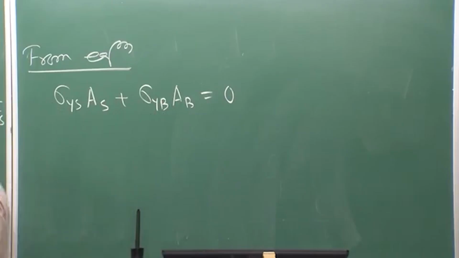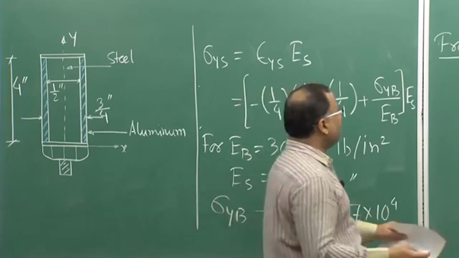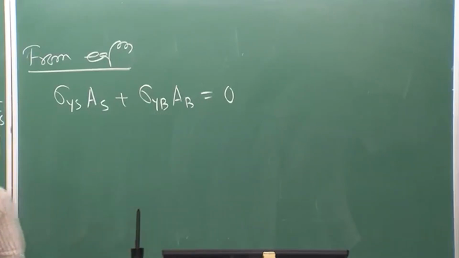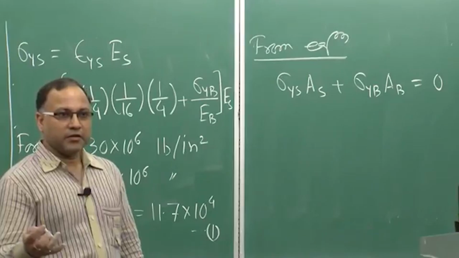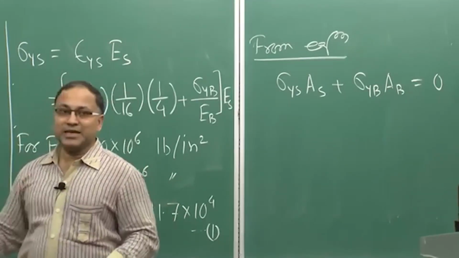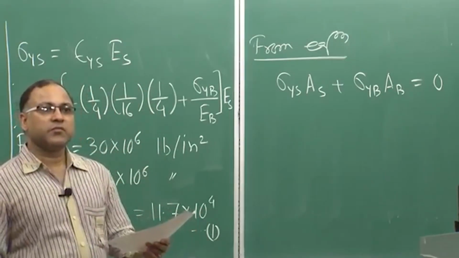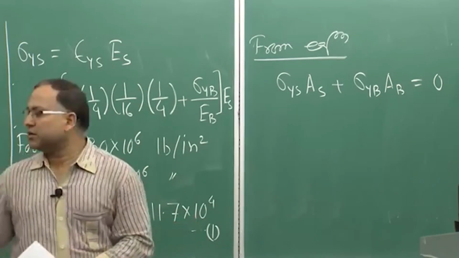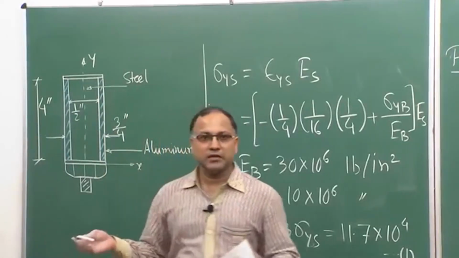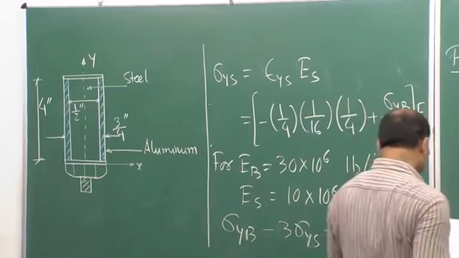Sigma y s A s means the force in the sleeve, and sigma y b A b is nothing but the force in the bolt. So, the force in y direction in the sleeve as well as the bolt, the summation of all the forces must be equal to 0, because there is no external force applied in this assembly. I am not applying any external force, so that must be 0.